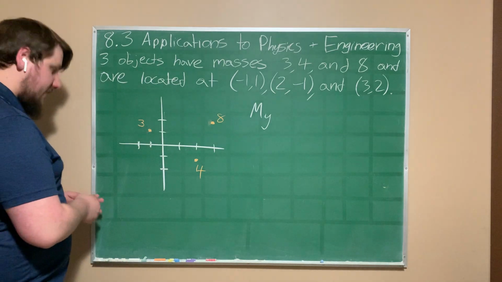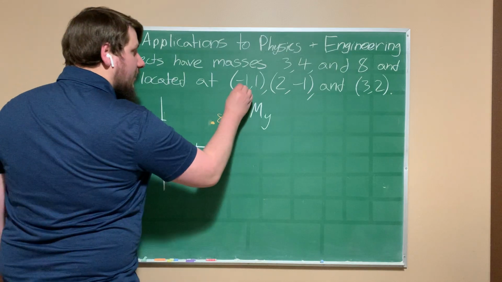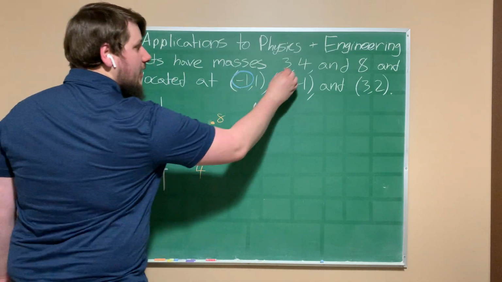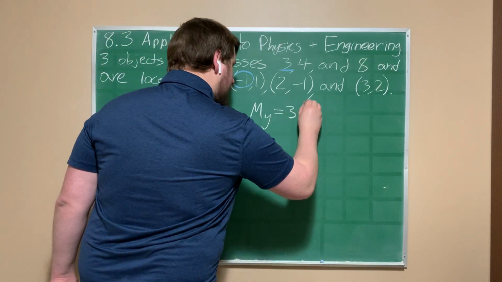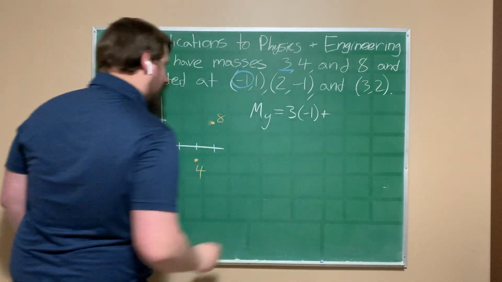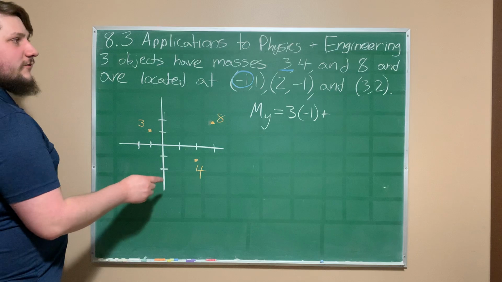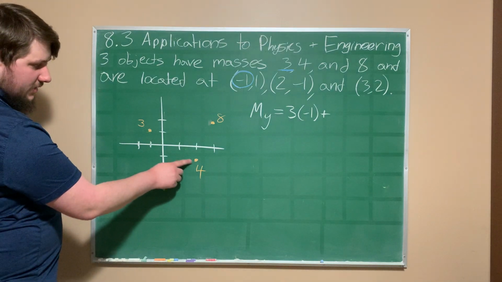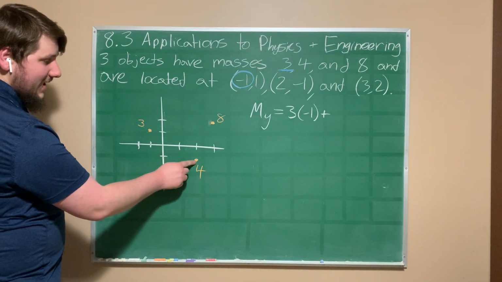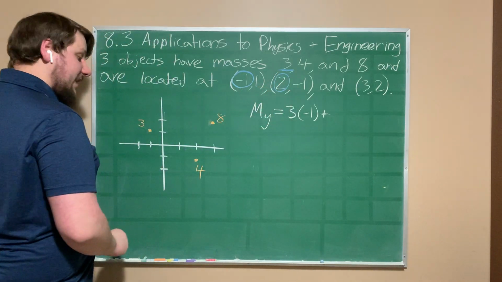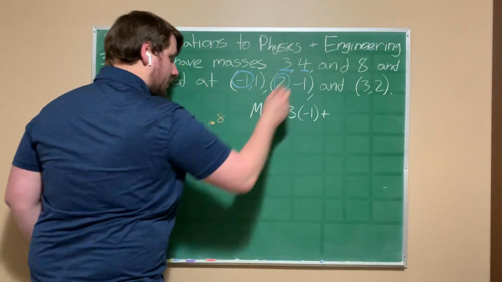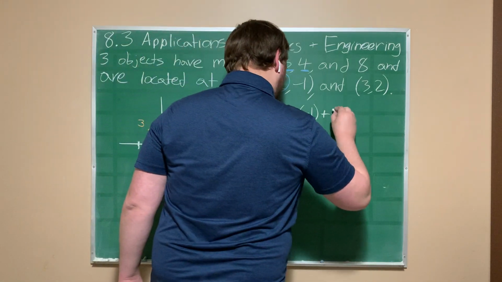Another way we can look at that is just to grab this value right here and multiply it by this value. So we're going to have 3 times -1, plus we do the same thing for each of the other values. This one is 2 units away from the y-axis, and it has a mass of 4. So we're going to have plus 2 times 4.